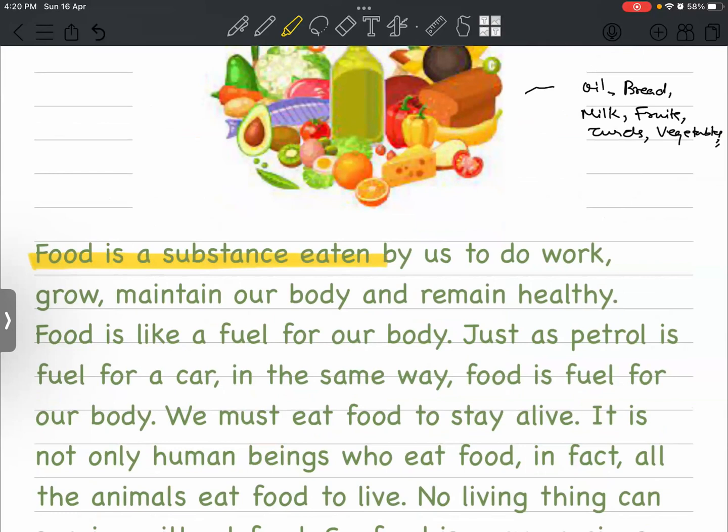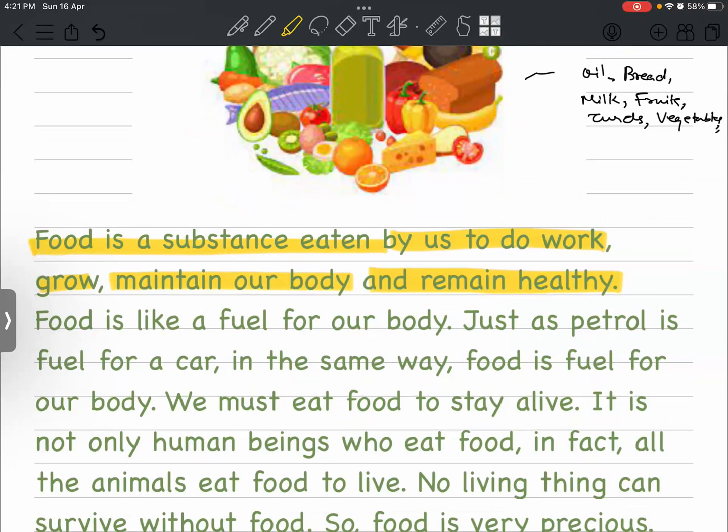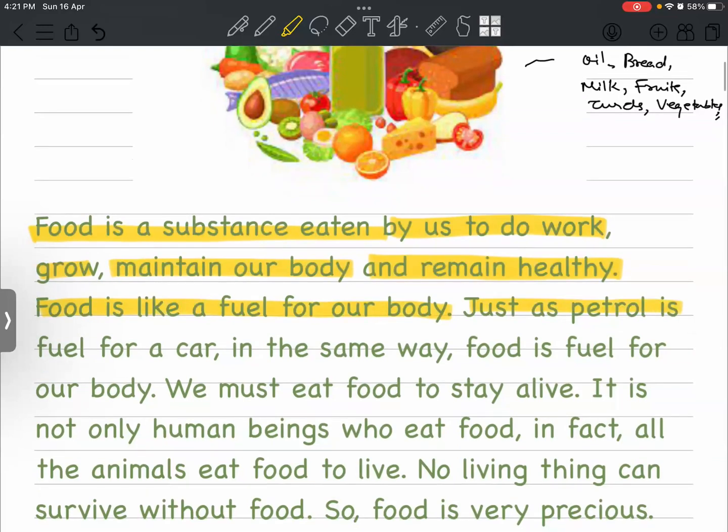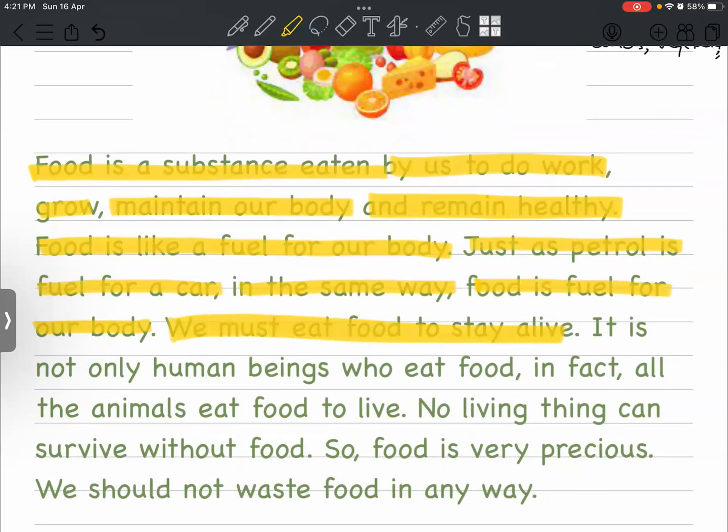Food is a substance eaten by us to do work, to grow, maintain our body, and remain healthy. So food is like a fuel for our body, just as petrol is fuel for a car. It is very necessary to eat food to stay alive and healthy.